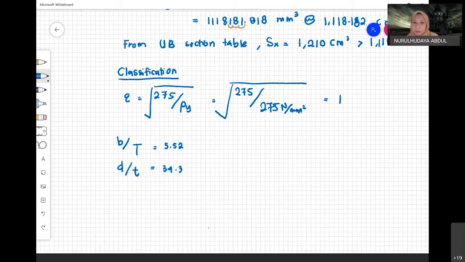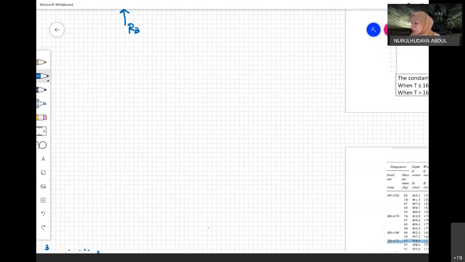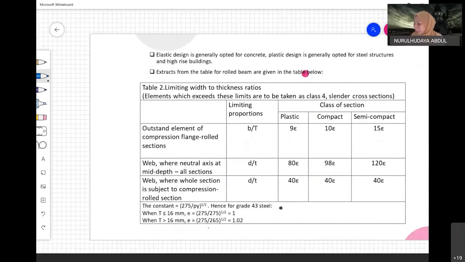After we get the values of B over T and D over T, we need to compare them with some values. Where can we check them? We can check from this table. Sorry, because there are so many tables that I have to drag you here and there. Here, one is B over T and D over T here.